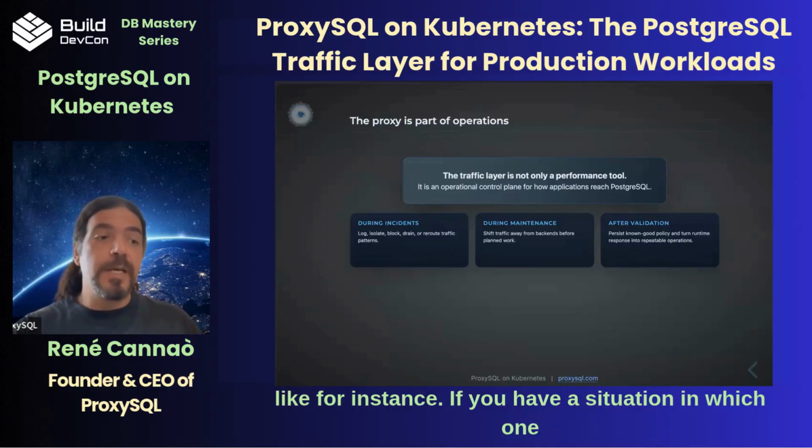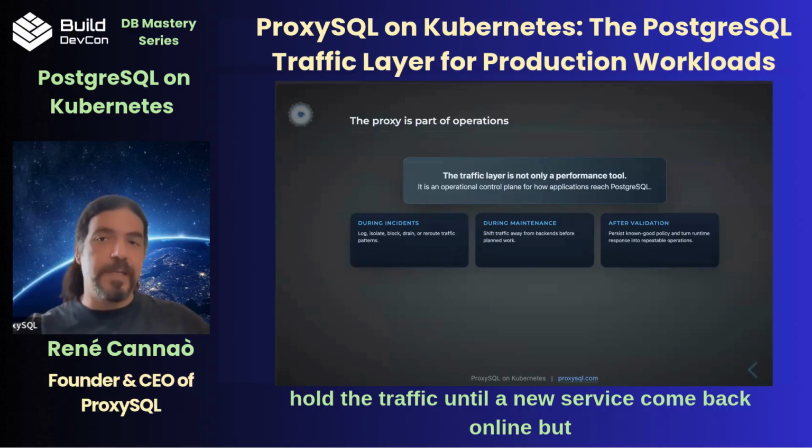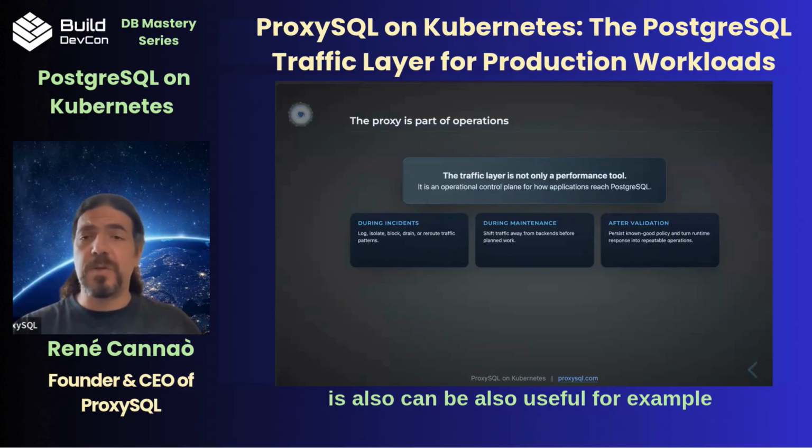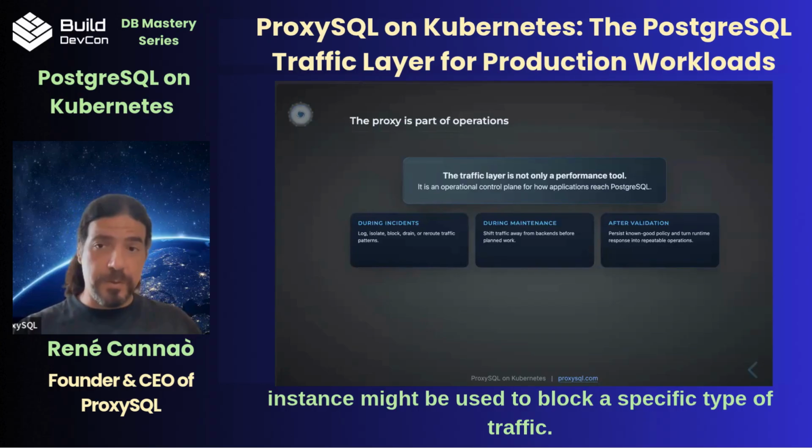For instance, if you have a situation in which one database server goes down, ProxySQL is able to hold the traffic until a new server comes back online. But it can also be useful, for example, to throttle traffic, or it might be used to block a specific type of traffic.